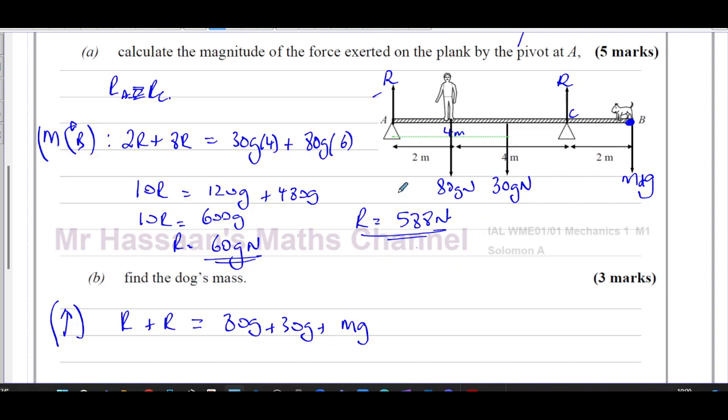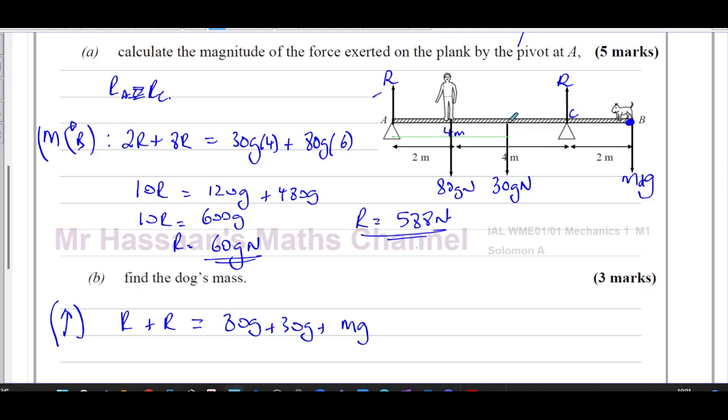Okay? And some people do ask, actually, oh, how about the reaction force of the plank on the man? No, we're considering the forces that are acting on the plank. The force exerted on the plank by the pivot is R. The force exerted on the plank by this pivot is R. The force exerted by the weight of the plank is 30g.